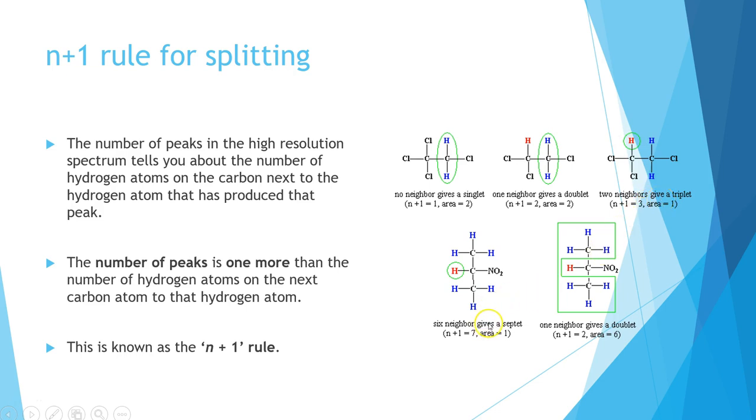And then the bottom two examples, the septet will have an area of 1 because the peak is due to the single hydrogen being split due to the 6 on either side of it, and then the one for the 6 hydrogens will have an area of 6 and still have that doublet splitting pattern.